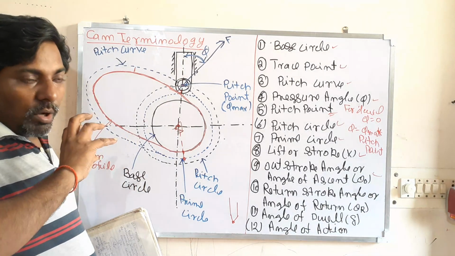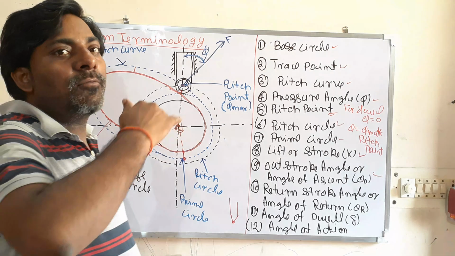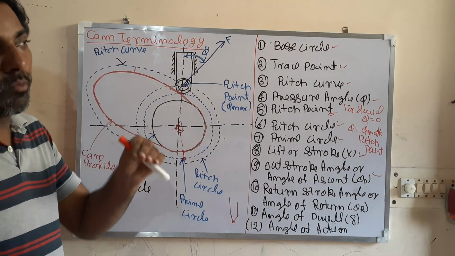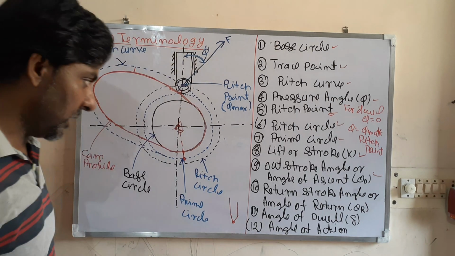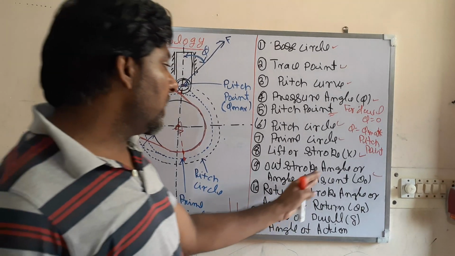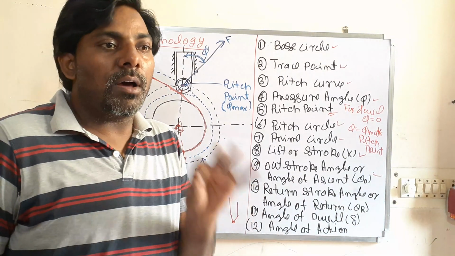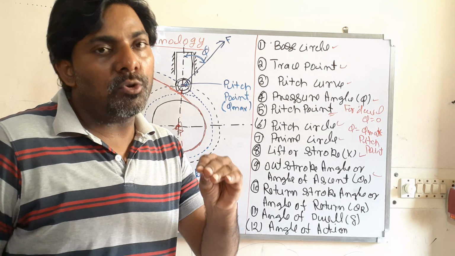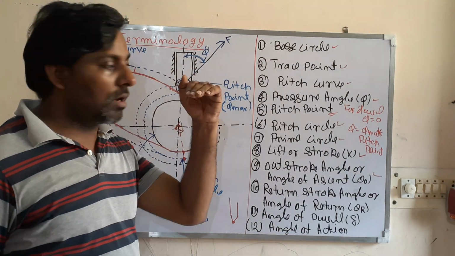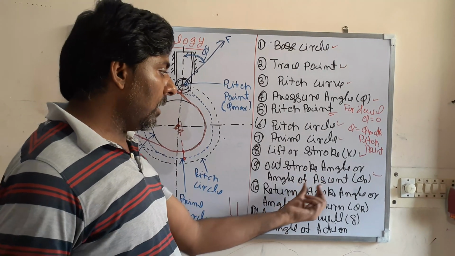The cam rotation angle for which the follower is rising from the lowermost position to the topmost position is the outstroke angle or angle of ascent. That is what the outstroke angle or angle of ascent is.